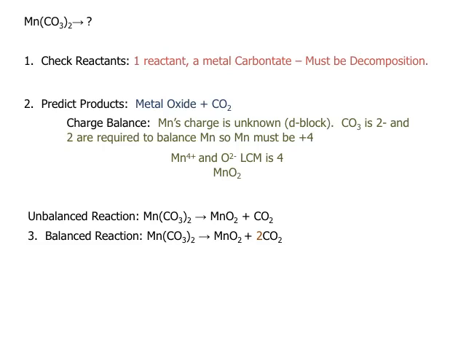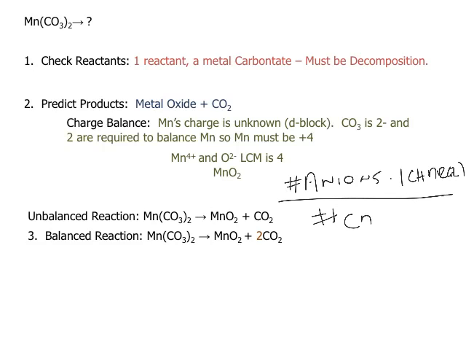Anytime you're dealing with a transition metal and you need to determine its charge, here's a little mental math that you're going to do. You're going to have your number of anions times the absolute value of the anion charge, over the number of cations.